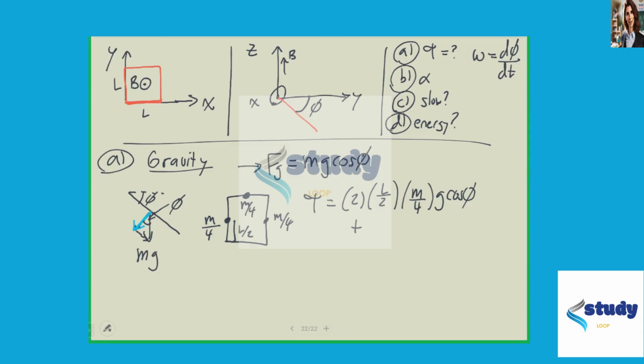It's a distance L away, with a mass m over 4, and then we have g cos phi. So the total gravitational torque is going to be 1/2 L m g cos phi. So that's the gravitational torque, and clearly that torque is pulling the square down like that.